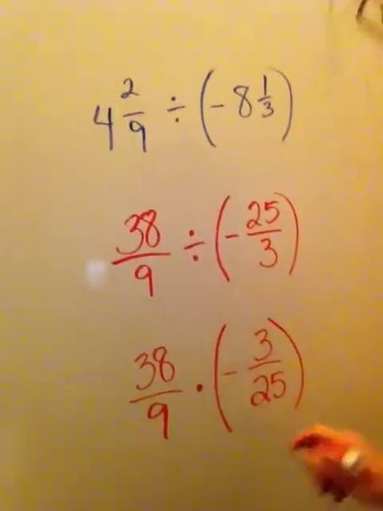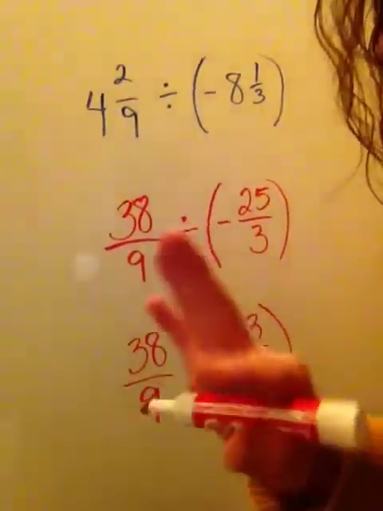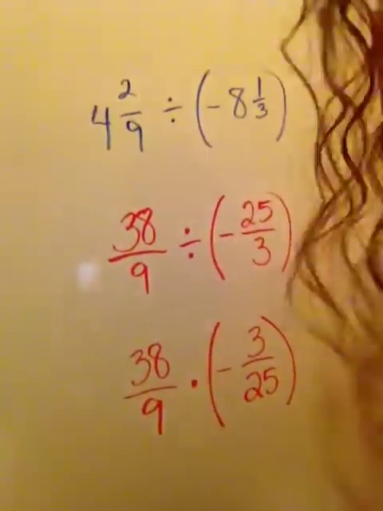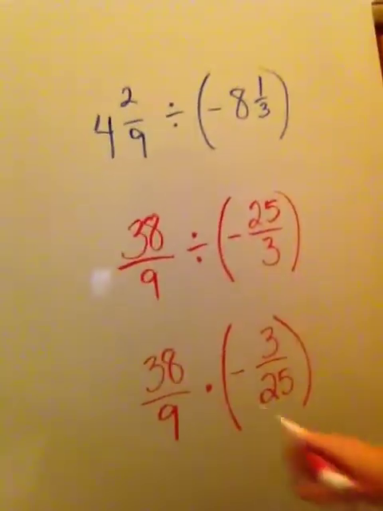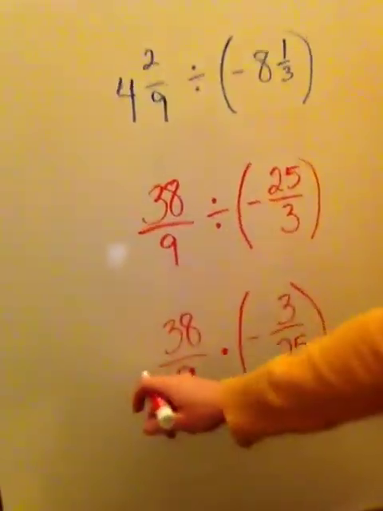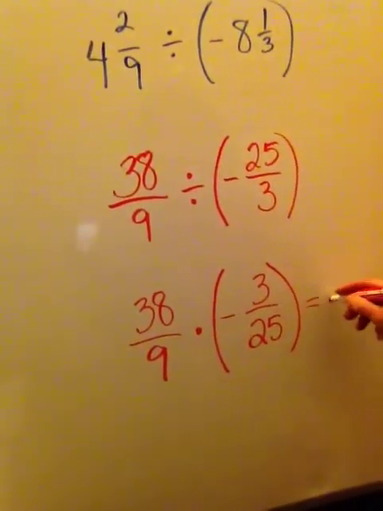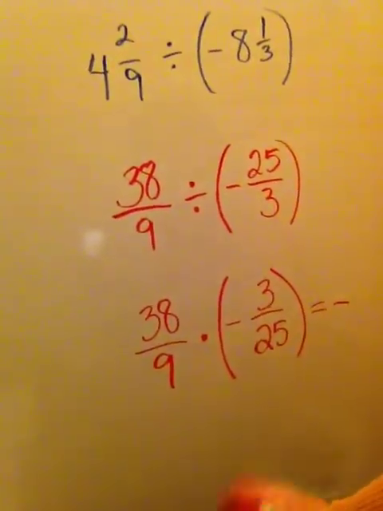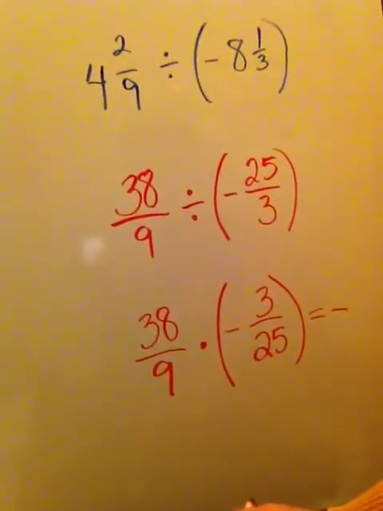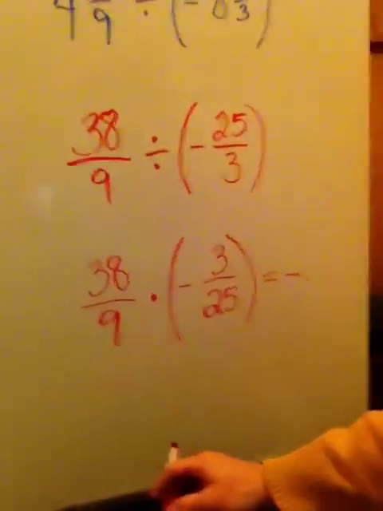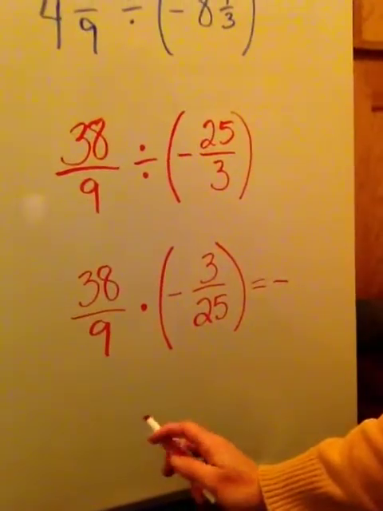And hopefully when you hear the word reciprocal, you picture flipping. So now we're down to multiply, and I've got a positive times a negative, which means I will end up with a negative. And that's all we worry about with the signs. We don't take those into consideration other than that, because you're multiplying.